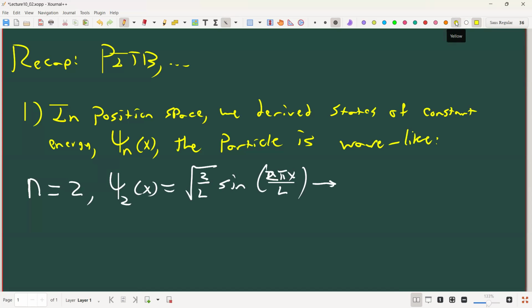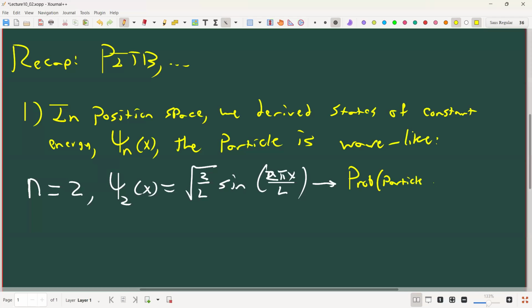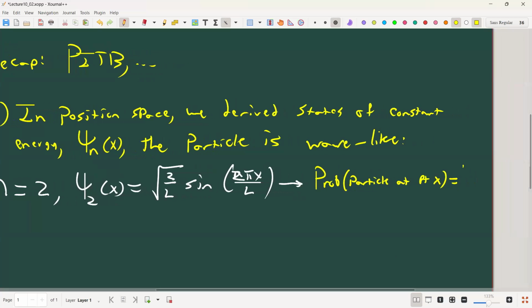What we observe is the square of the function, which is our probability. So the probability that the particle is at point x is equal to the absolute value of the wave function squared.